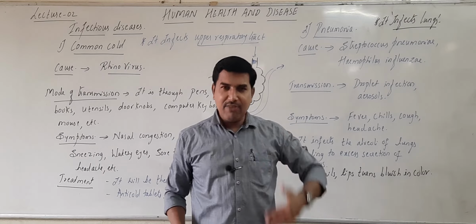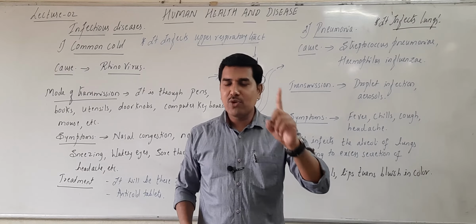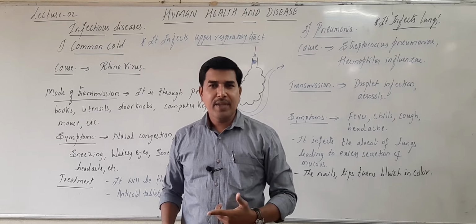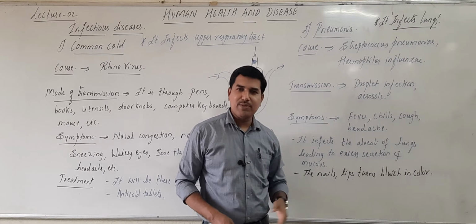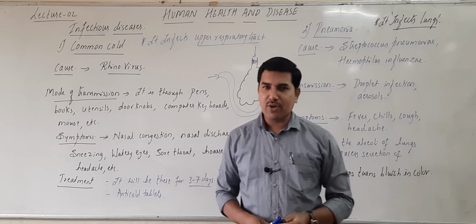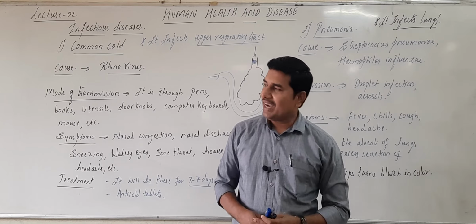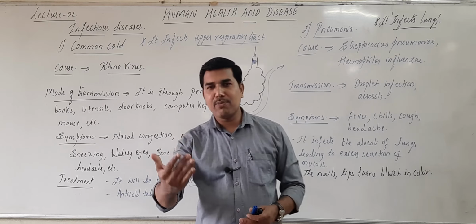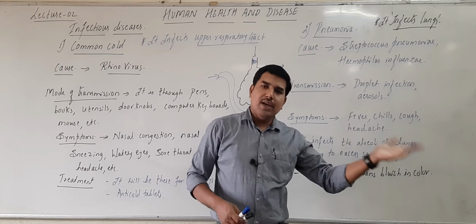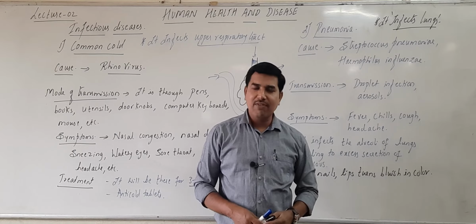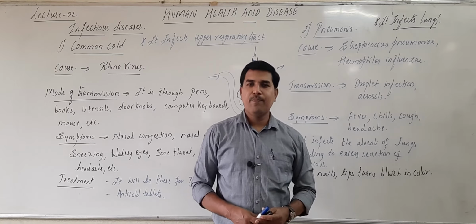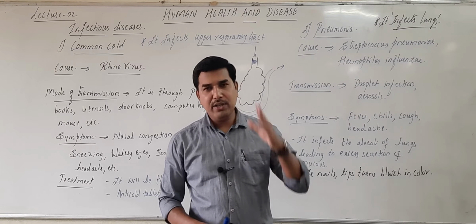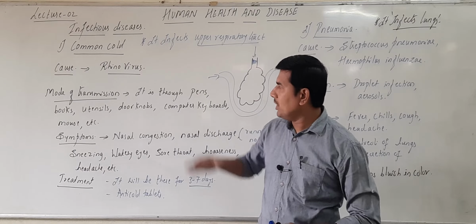So we have taken different agents here, and you need to remember the causative organism, and you have to remember the various symptoms that we come across in the different types of disease, because any one of the diseases in a descriptive level can be asked for a short notes type of question, 3-mark level or a 5-mark level question. Okay, so that's why you have to remember the causative agent.